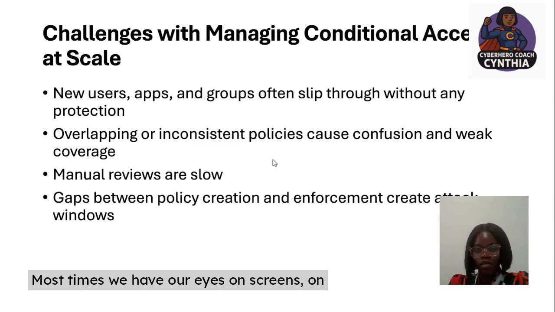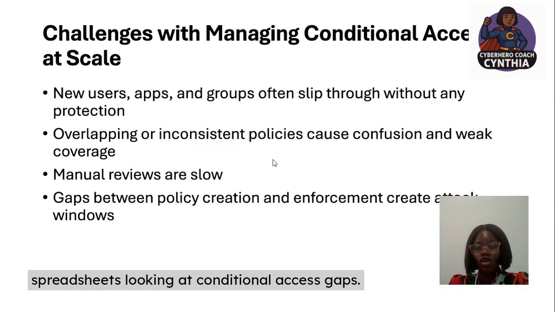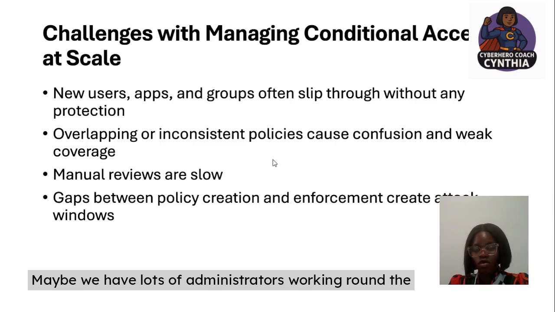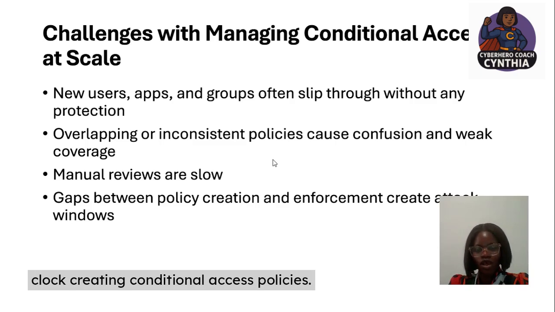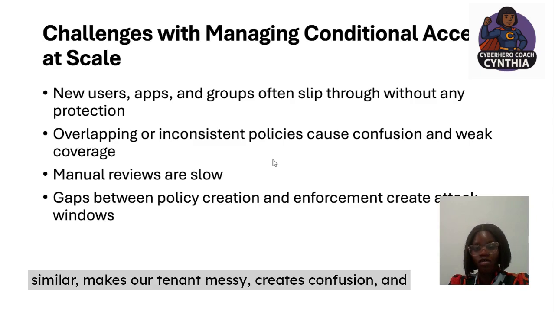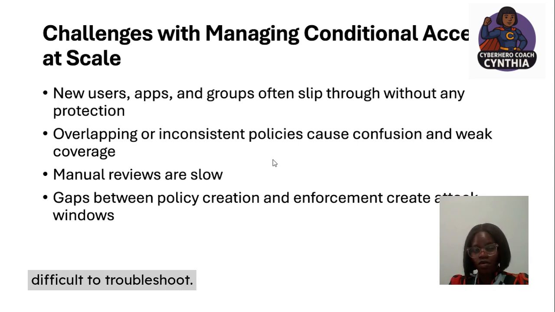Most times our eyes are on screens and spreadsheets, looking at conditional access gaps. It can be time consuming, very frustrating, and slow. What about overlapping or inconsistent policies? Maybe we have lots of administrators working round the clock, creating conditional access policies. These policies become very, very similar, which makes our tenant messy, creates confusion, and is difficult to troubleshoot as well.